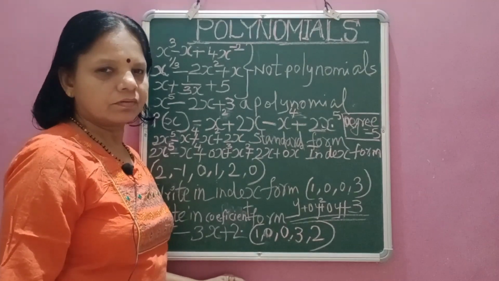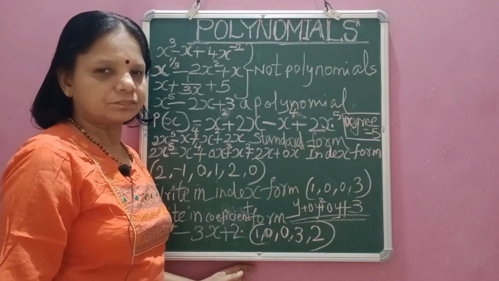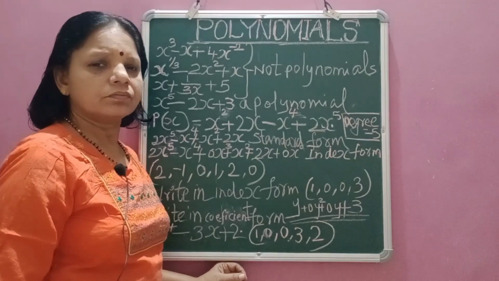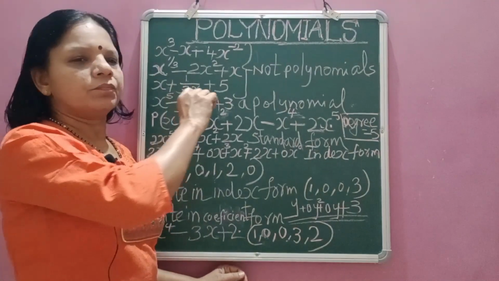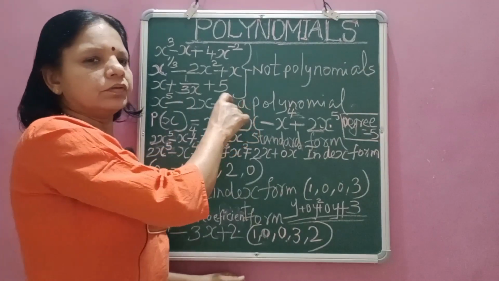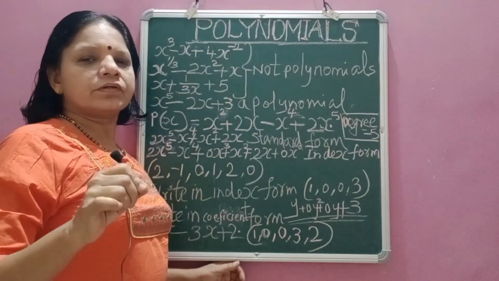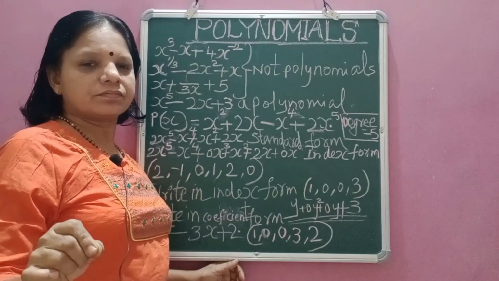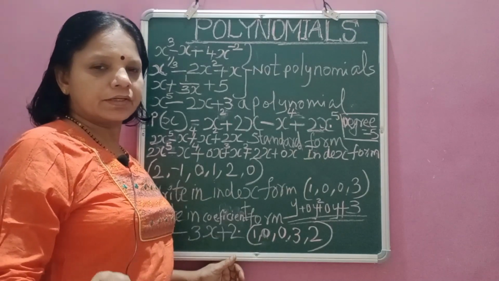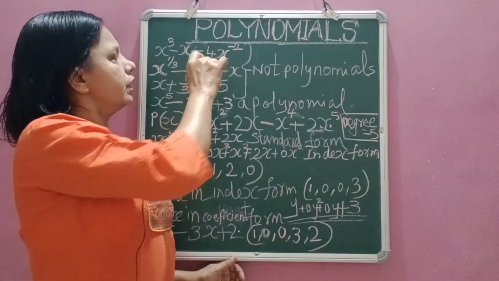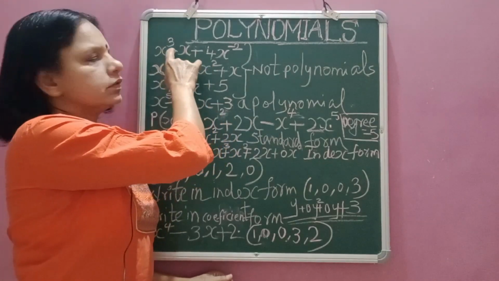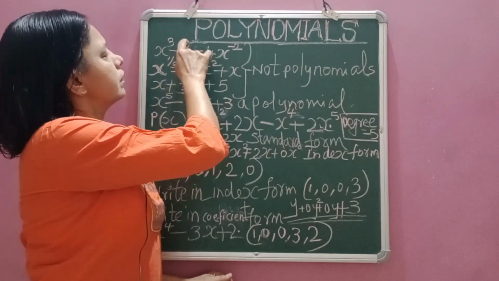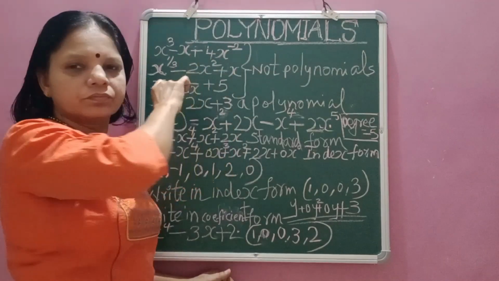Why? What is the reason? What you have to observe? Why they are not polynomials? You have to observe the indices. Indices you have studied? The indices of the terms are here 3, here 1 and here minus 2.